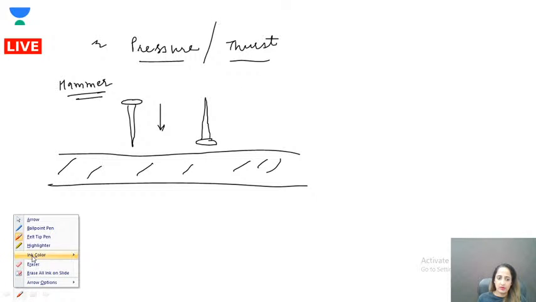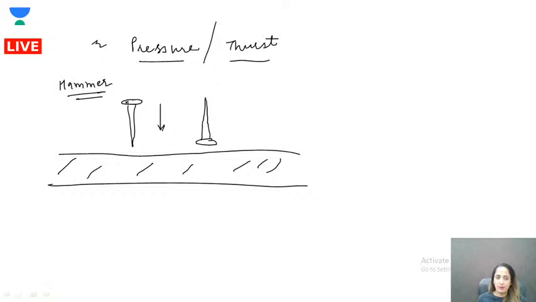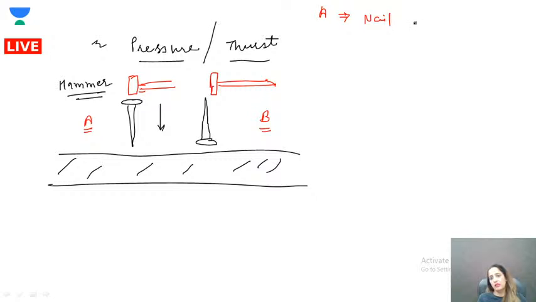You get this hammer and you start hammering it, right? And similarly this one, you have this hammer and you start hammering these two. So what will happen?